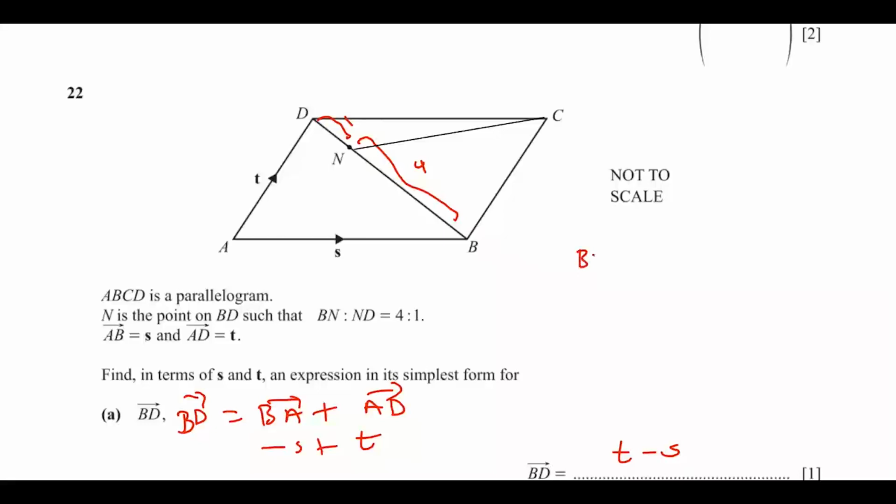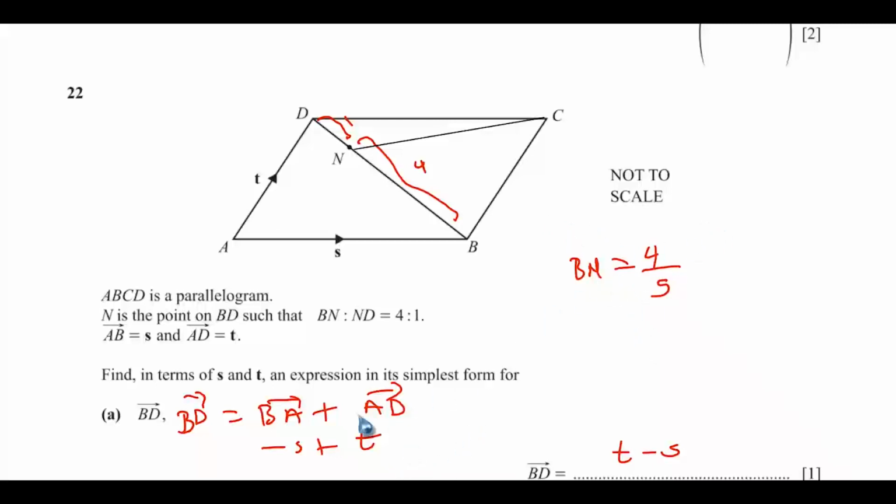So BN will be equal to ratio of BN, which is 4, over total ratio, that is 4 plus 1, 5, multiplied by BD. So that will be the value of BN.